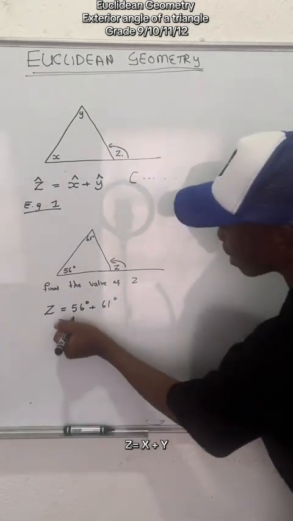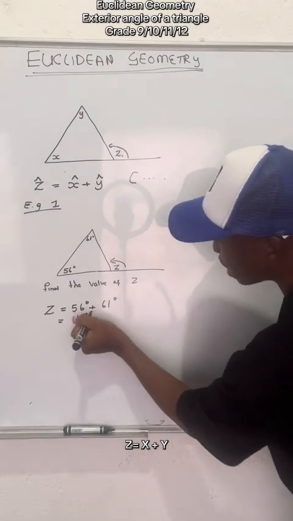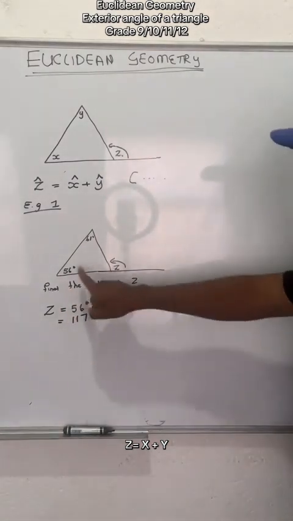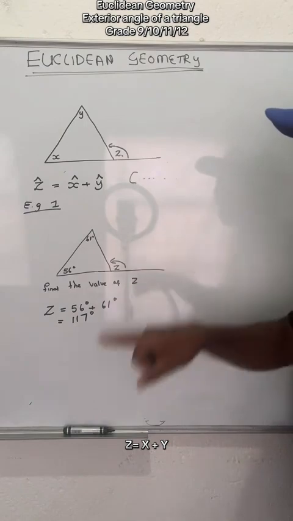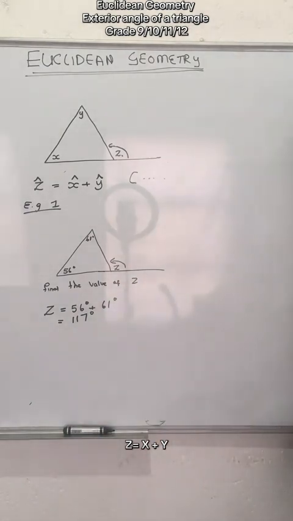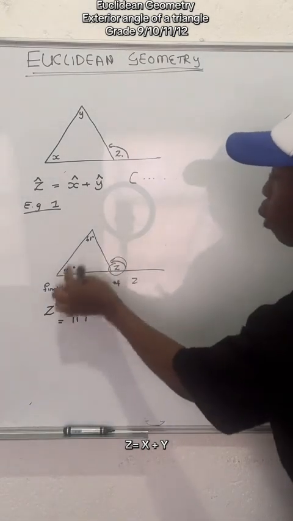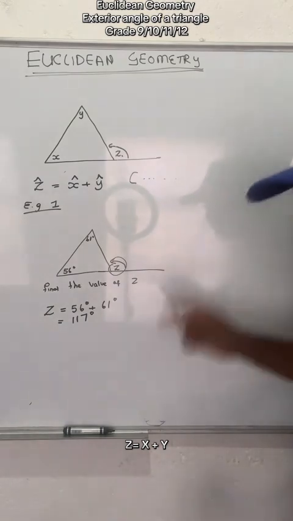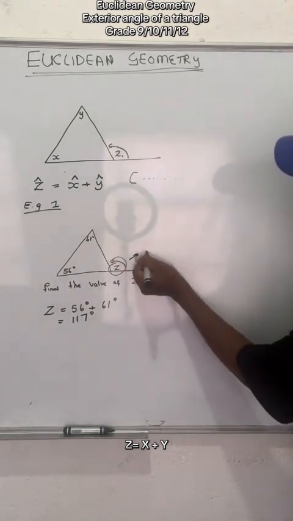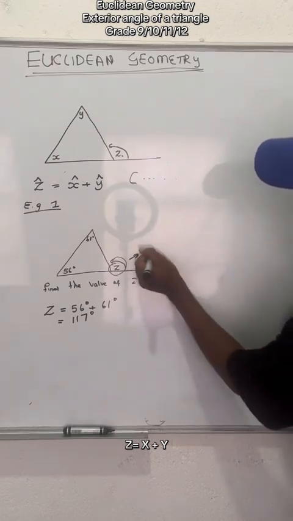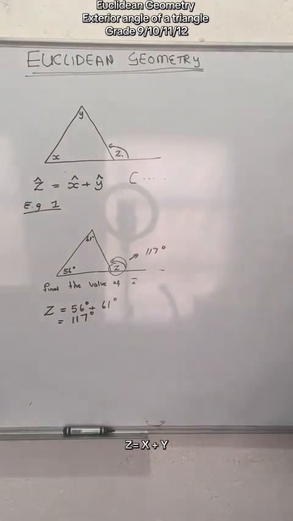You are going to get 117, meaning that Z is equal to 117 degrees, because we understand that Z is the sum of the two opposite interior angles. That's how we do it.